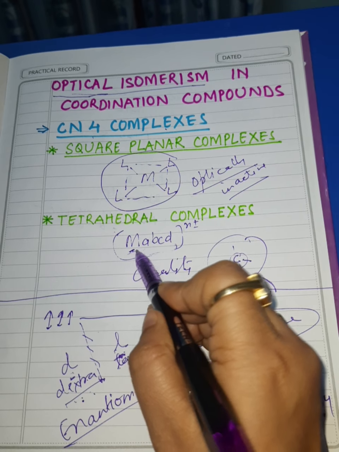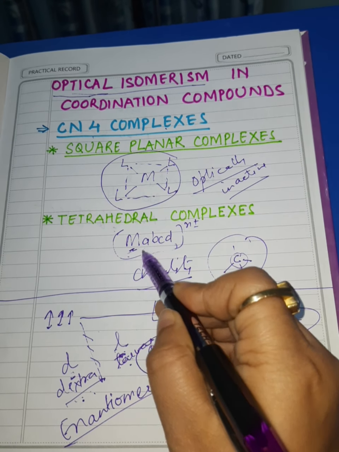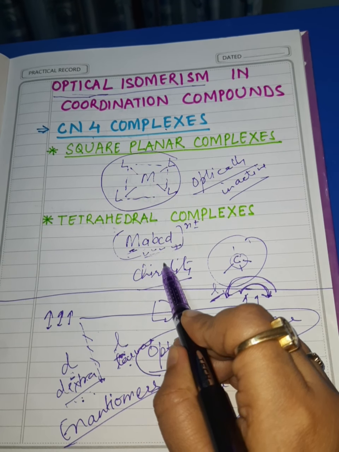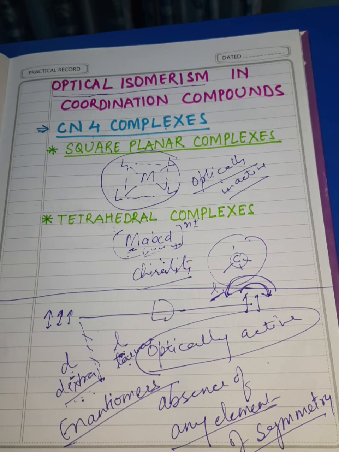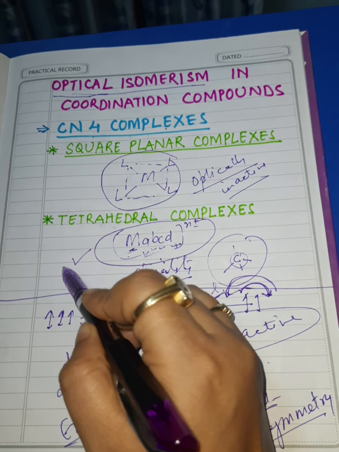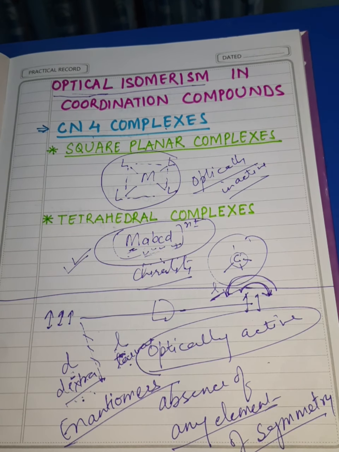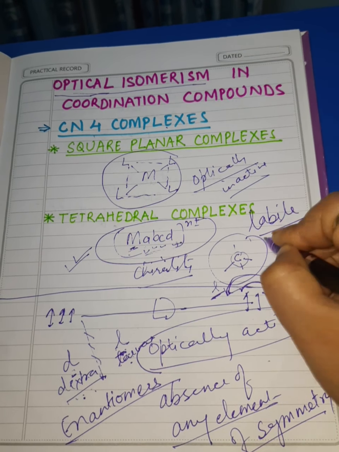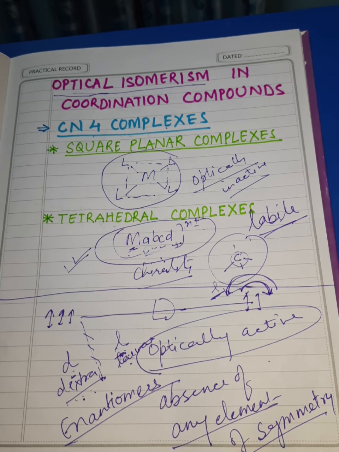This central metal atom or ion possesses chirality because it is attached to all 4 different ligands. On that basis, such complexes do not possess any element of symmetry, so these complexes should show optical isomerism, and they are found to possess it. But due to their labile nature, these complexes could not be resolved successfully.